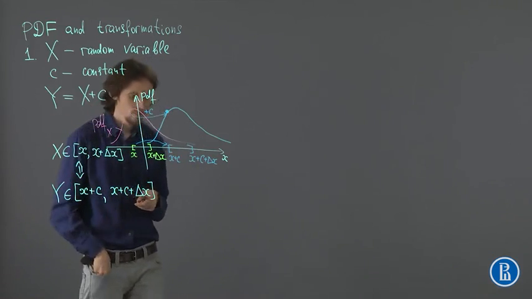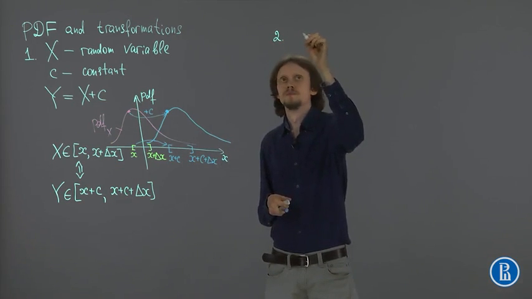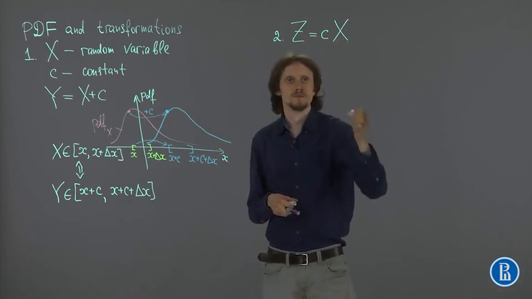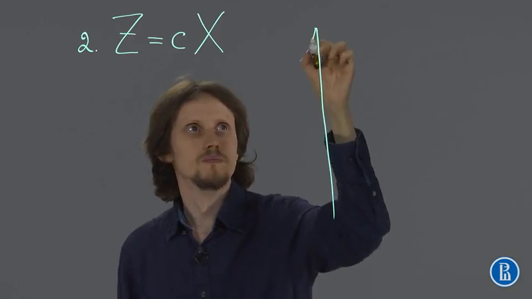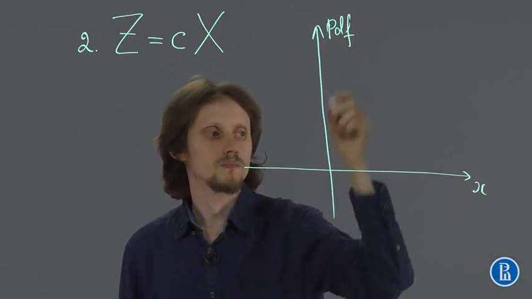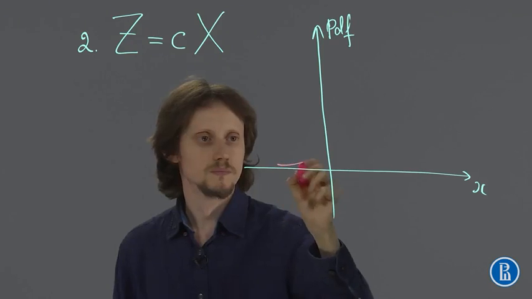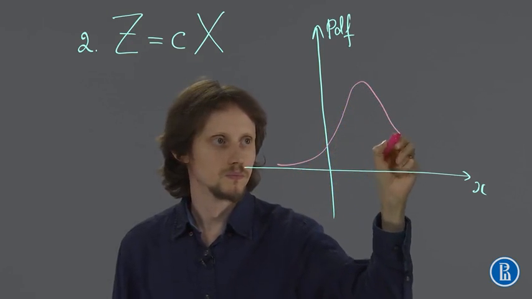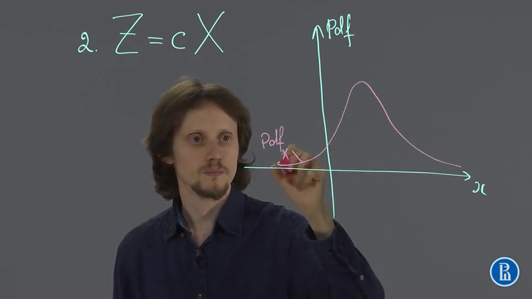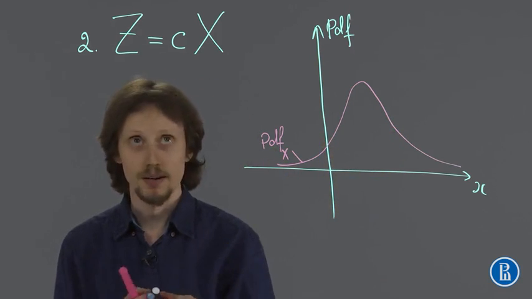What about multiplication? Let us assume that this graph is a graph of the probability density function for x.